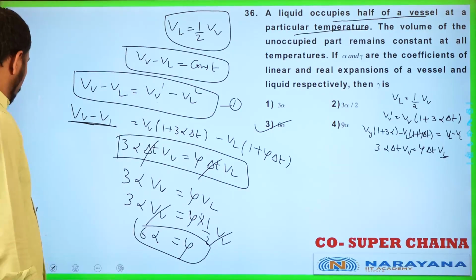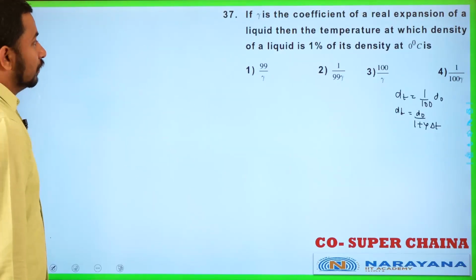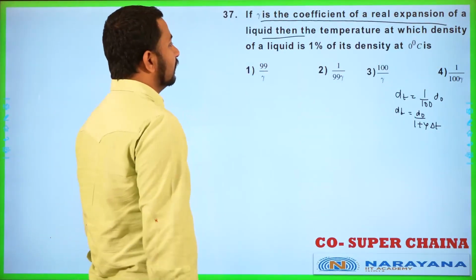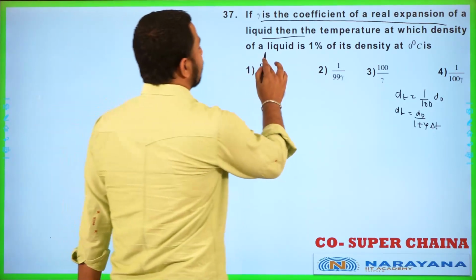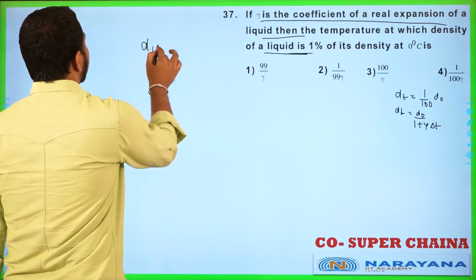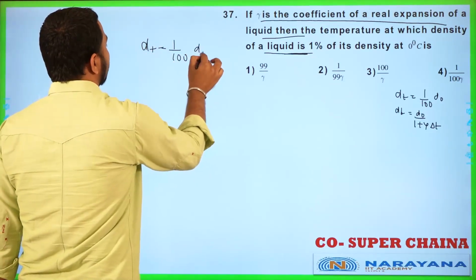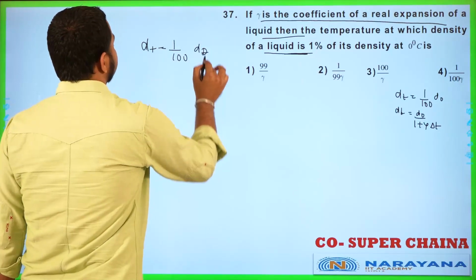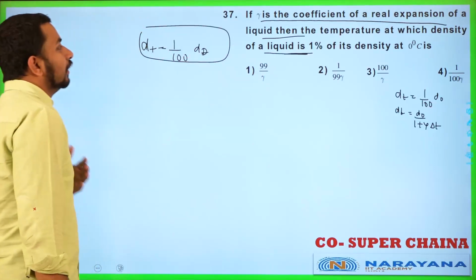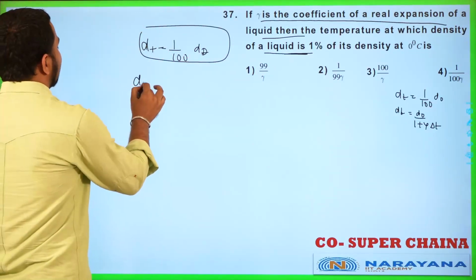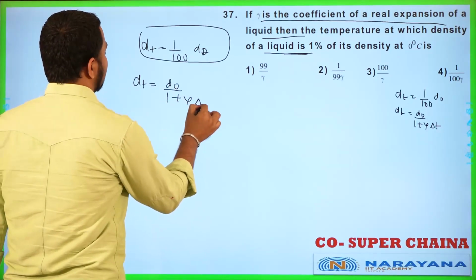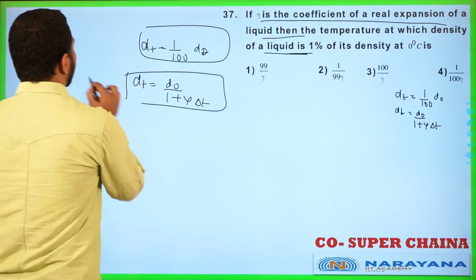Students, if gamma is the coefficient of real expansion of a liquid, find the temperature at which the liquid density is 1% of the density at 0. So here dt is given as 1 by 100 d naught. 1% means 1 by 100. Now we know the temperature density relationship is d naught by (1 plus gamma delta T). This is from expansion.